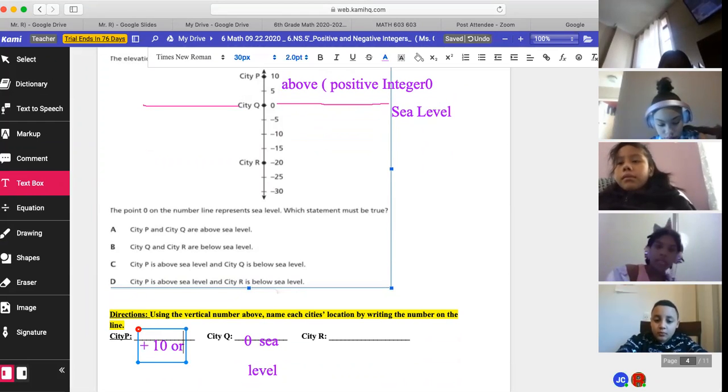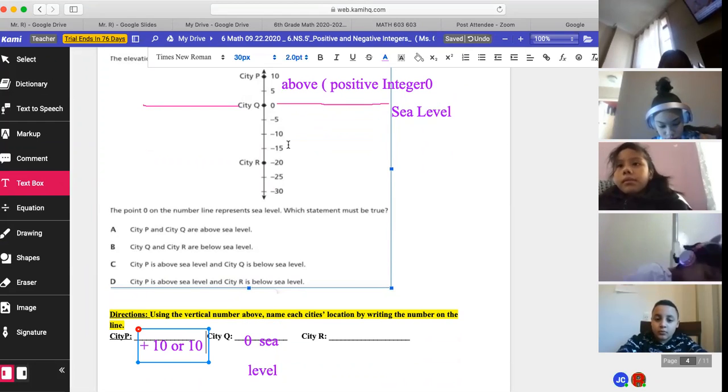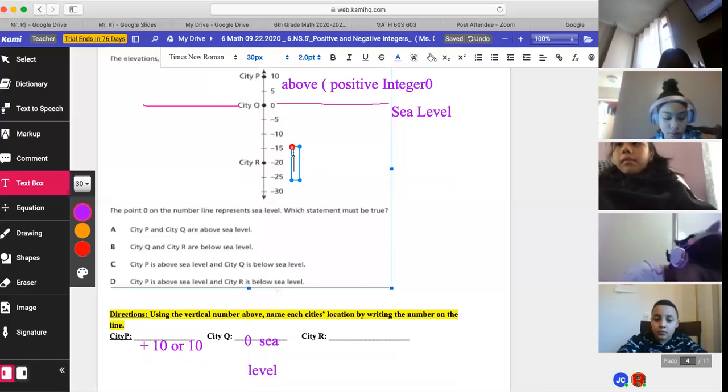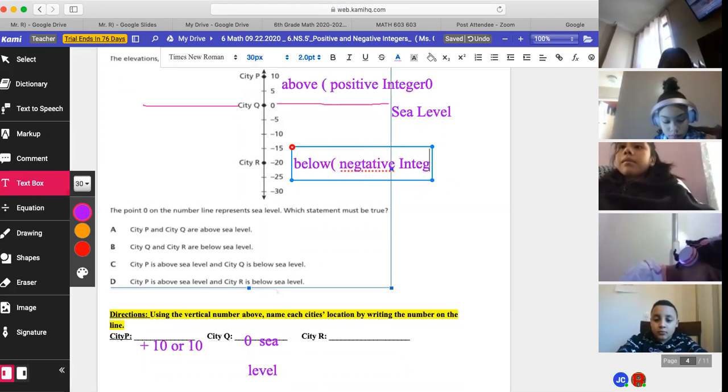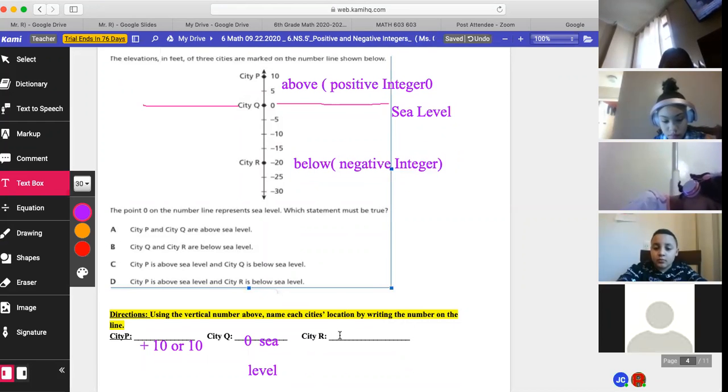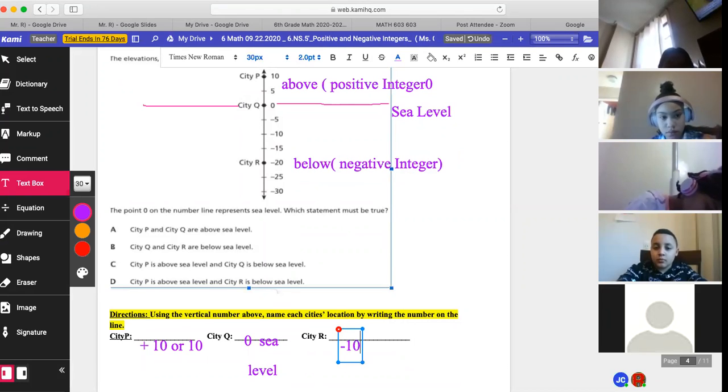Plus 10 or 10. City R, here's 0. The numbers are in the negative. Therefore, it is below sea level, which means it is a negative integer, folks. So we're going to write below, and we're going to write negative integer. Does everyone follow that? So that means R, for Mr. R, would be negative 20.